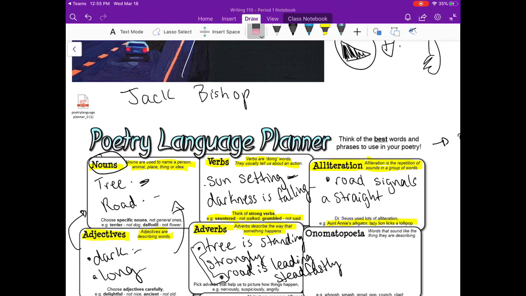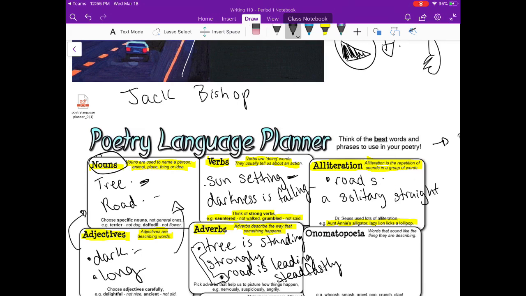Ooh, let's do, okay. See, sometimes it takes a little bit of thinking to get this. Solitary, straight. The road. Ooh, the road steadfastly signals, because I had steadfast over there.